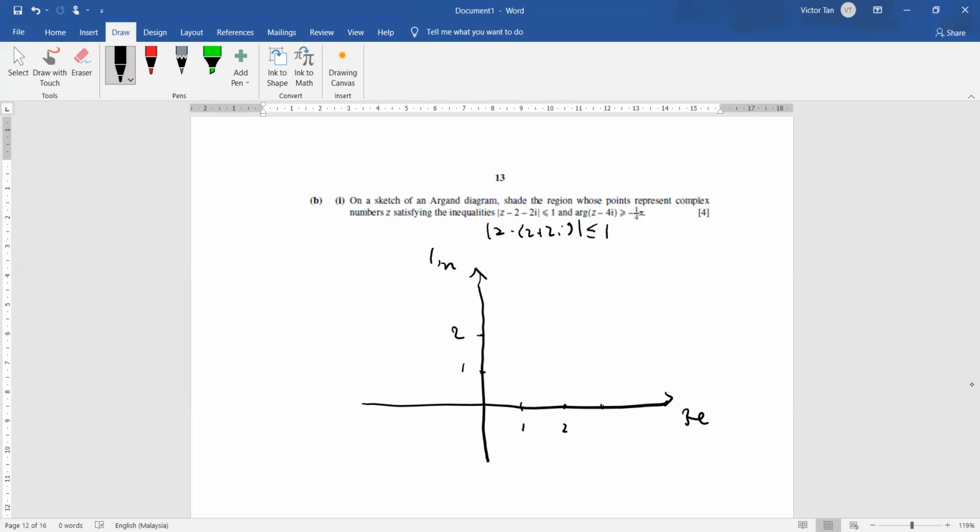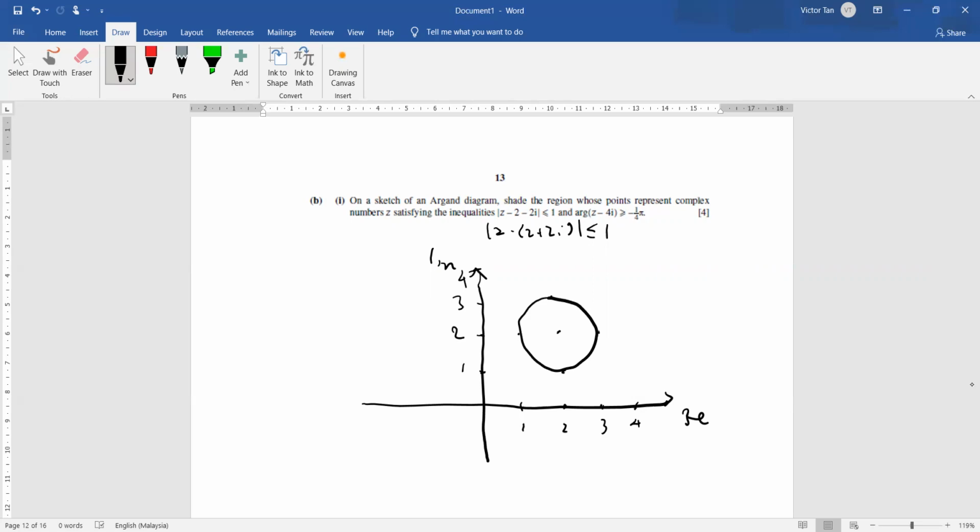So 4, 3, 4, 3, 4. So you have 2, 2, with radius 1. So try to draw a circle. Okay.